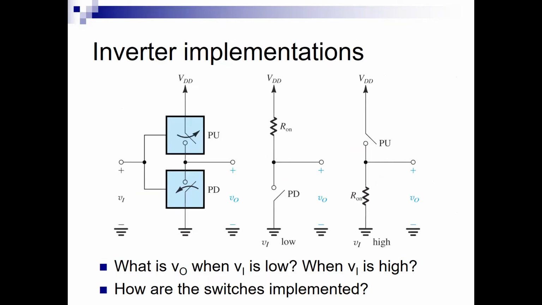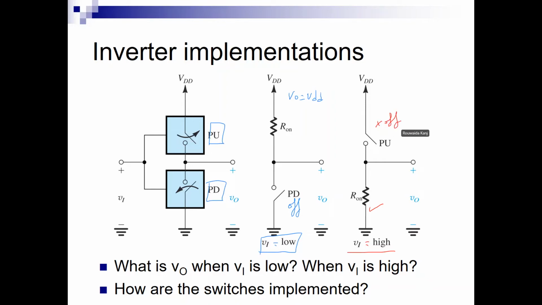So this is the inverter implementation. Now we can have an alternate implementation where we implement the inverter with two switches, one for pull up and one for pull down. When the input is low, the pull down is off and the pull up is on. As in the R case, VO is equal to VDD. In the opposite case, when the input is high, this one has R on and this one is off.